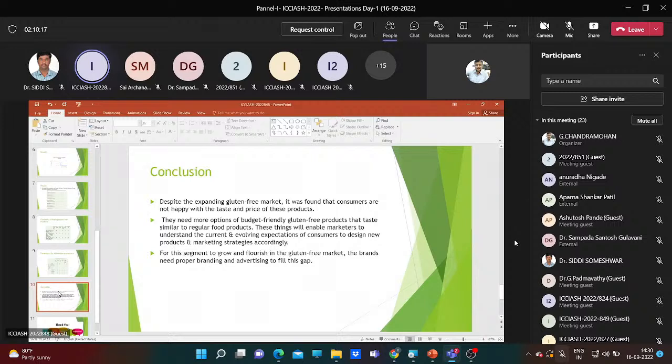More R&D is required to regulate these products in the market. Segmentation and positioning must be kept in mind while introducing such products in the market. And this market segment is expected to grow by huge bounds in the coming future. So this is what I have studied in my results.